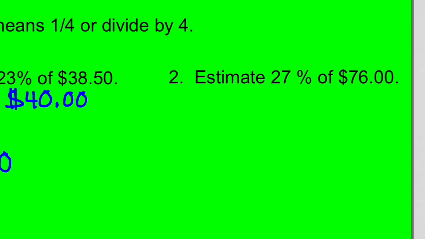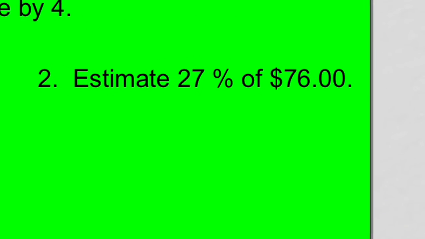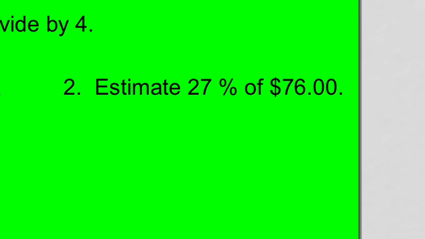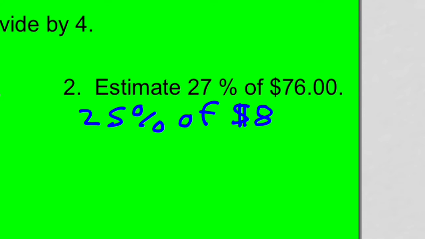So again, pretty basic idea, using the idea of 25%. And we did one more there, 27% of $76. You could round off 27% to 25% and make 76 something that's easily divisible by 4. Now 76 actually is divisible by 4, but it might not be super easy for the kids. And the idea is to be able to do the mental math in our head. So I would probably make this 25% of 80.